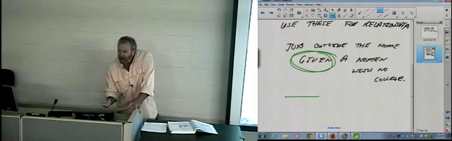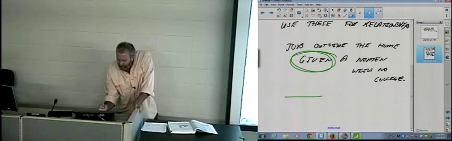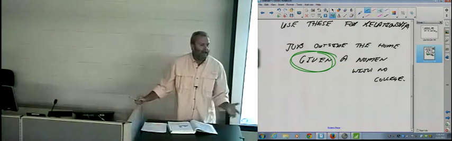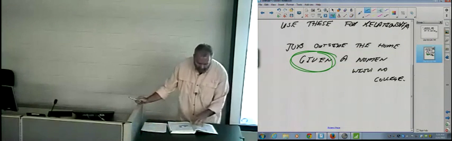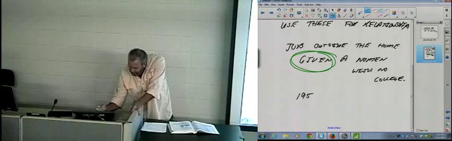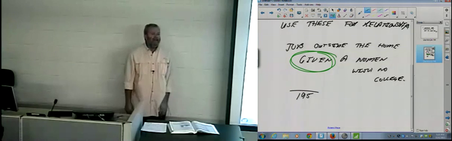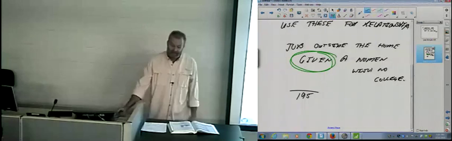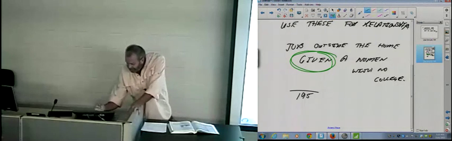How many people are we looking at? We're only looking at the first row because we know that we're looking at the women with no college. How many people are in the first row here? Well, there are 195. Out of that group of 195 people, how many said a job outside the home? 81.